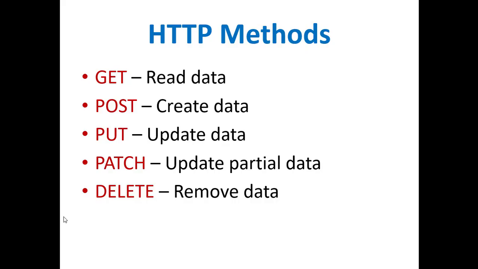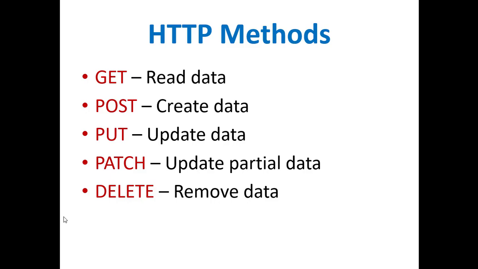Then the put is to update data, like you can see. So you want to update some of your data in the website or the web app. Visually, you just do the update, but at the back the API handles the request between you and the database for you to update in the database and make those changes and save them. This is what the API does. When you talk about the patch, it is to update maybe a part of the actual product itself, update partial information.